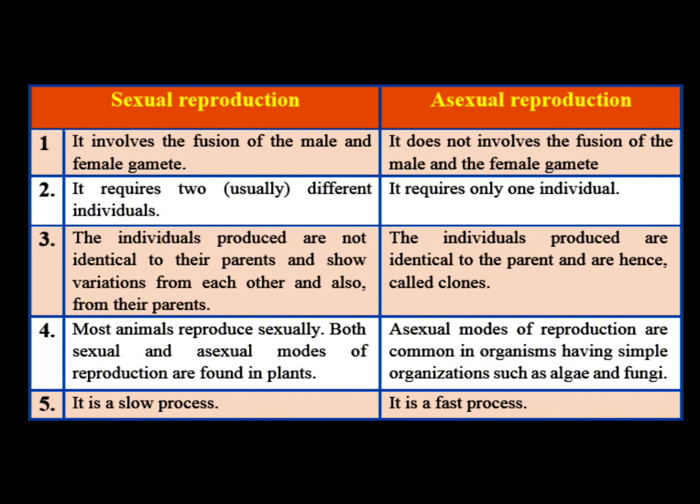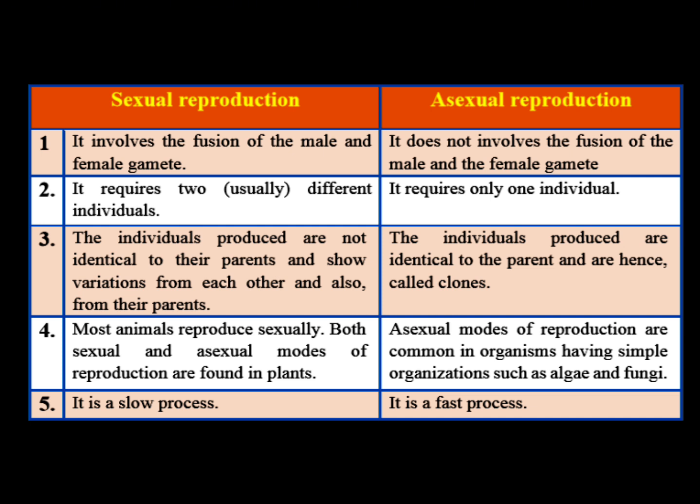The second difference is that sexual reproduction requires two different individuals, whilst asexual reproduction requires one individual. The individuals produced are not identical to their parents, whilst the individuals produced in asexual reproduction are going to be identical.